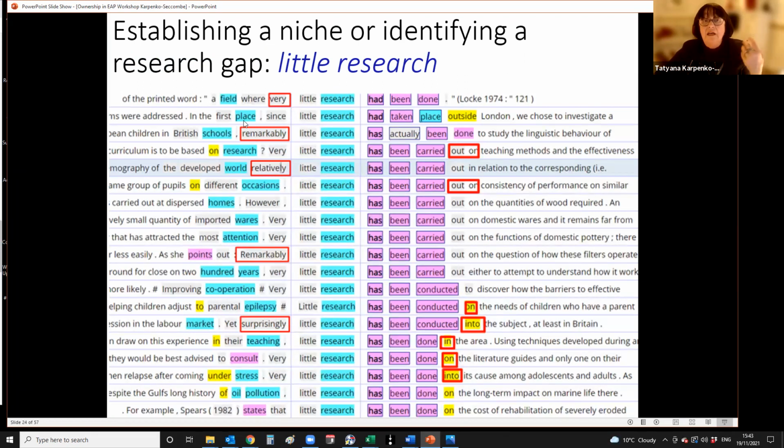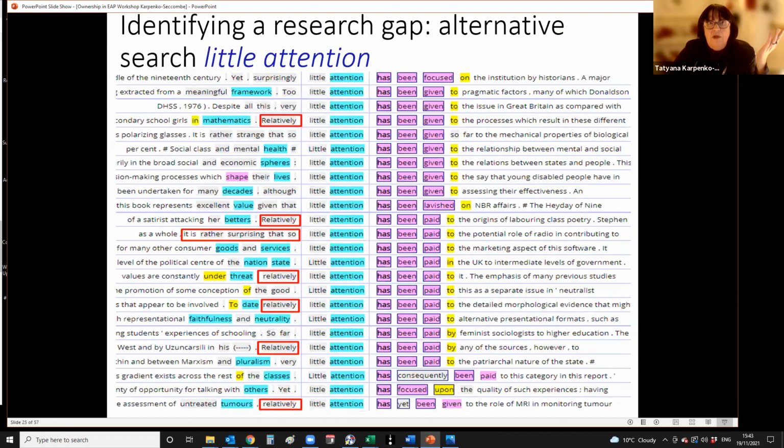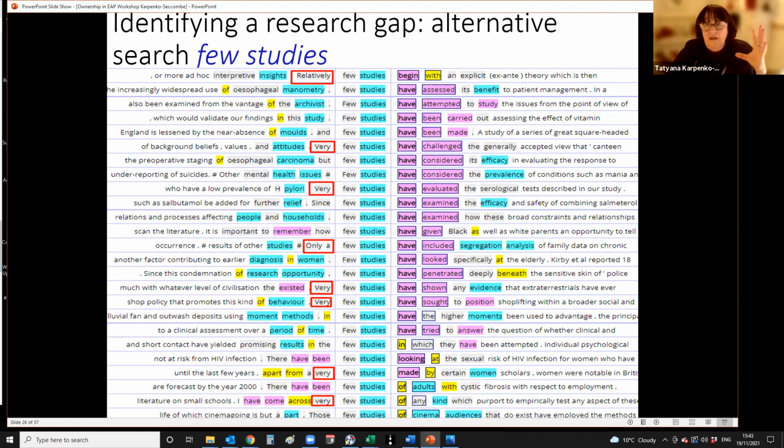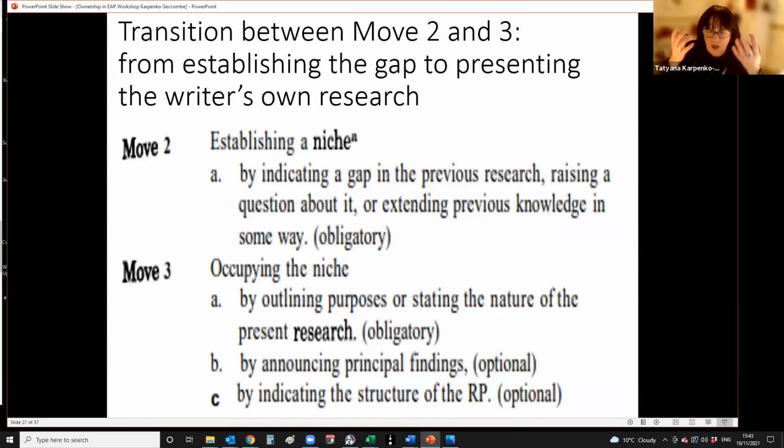On the left-hand side, there are hedging and boosting devices, which we can also draw attention to: surprisingly, remarkably, relatively. Alongside little research, we can look at little attention, similarly, and few studies, and students will get more textual information about how to write about the gap in the knowledge.